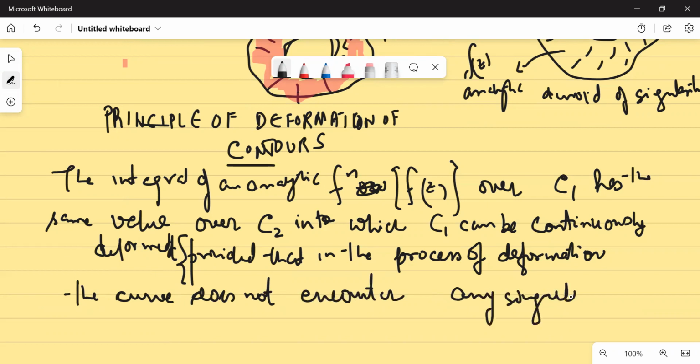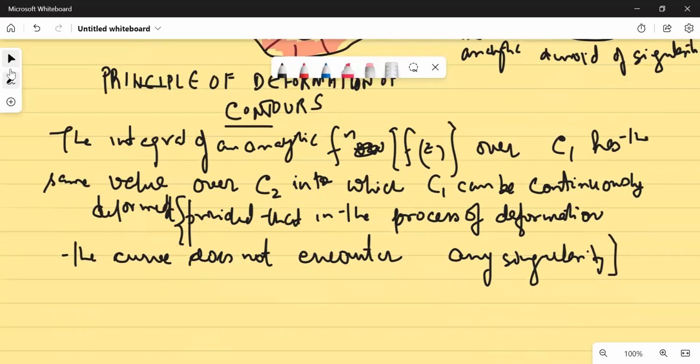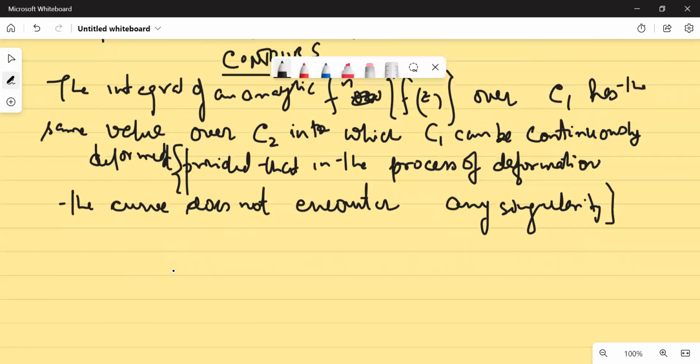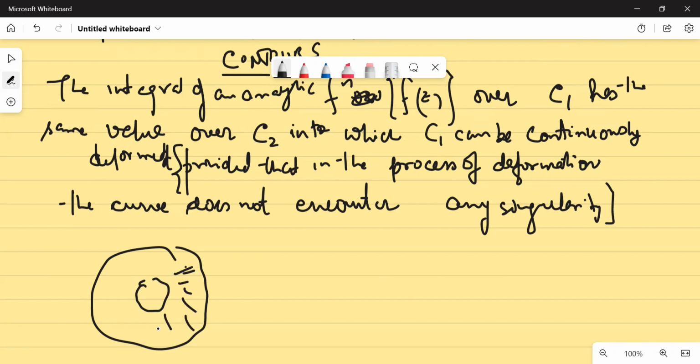So please do understand my point. If you have this kind of thing, let's say this is one and this is another, and if my function is analytic in this region R, then you can simply deform your contour, come to this particular C2 and integrate here.